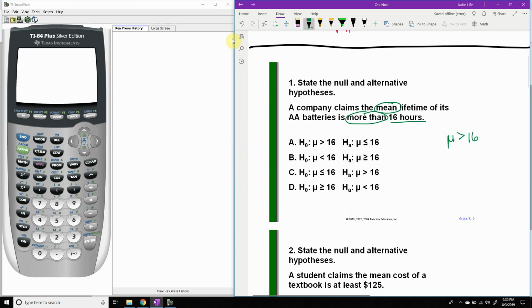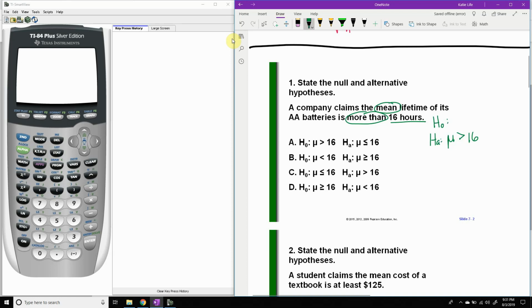So whenever you see the symbol strictly greater than or strictly less than or not equal to, those are all symbols of inequality, and they go with the alternative hypothesis. The null hypothesis is always a statement of equality. These two things are also complements of each other.